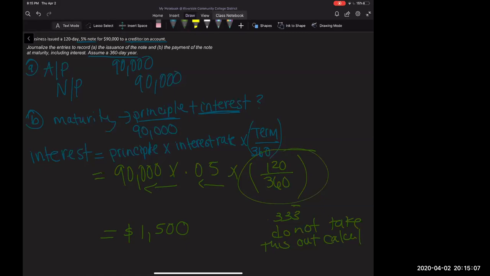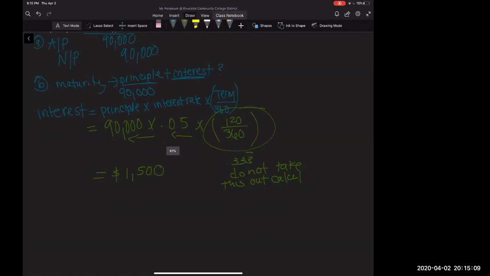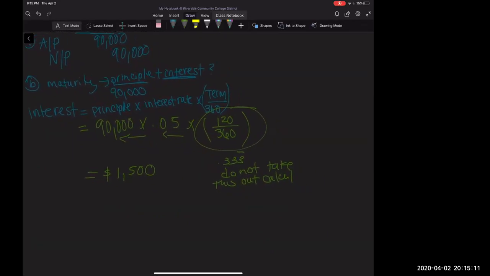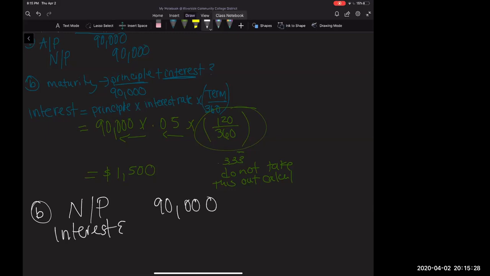All right, so from here we need to do the journal entry. We know how much our interest is. So here is my journal entry on maturity date. It's going to be a debit to my principal amount, which is my notes payable, of $90,000. I have another debit of interest expense in the amount of $1,500.